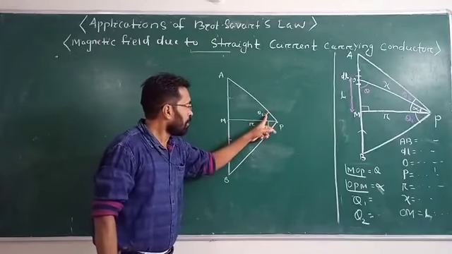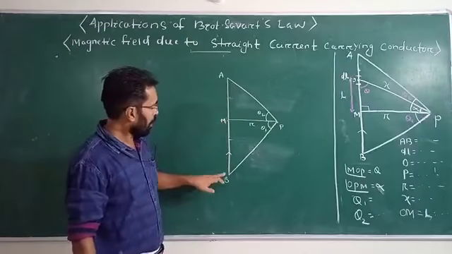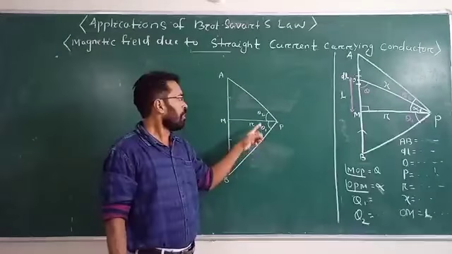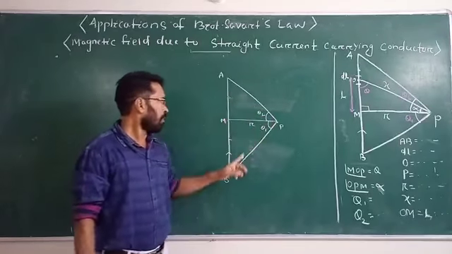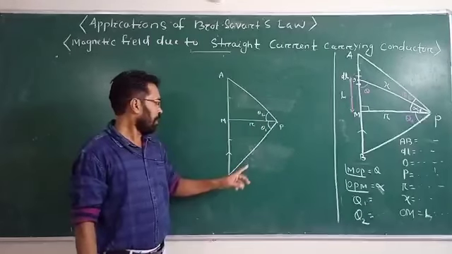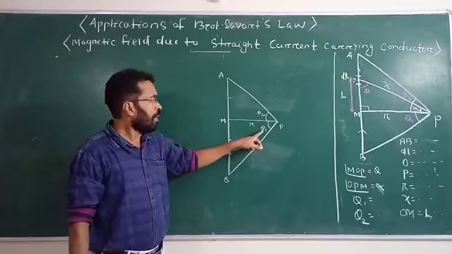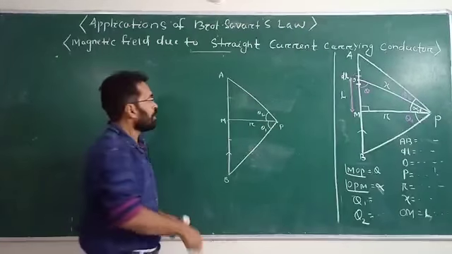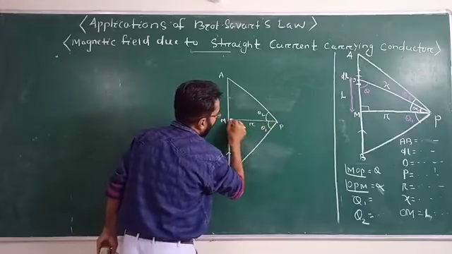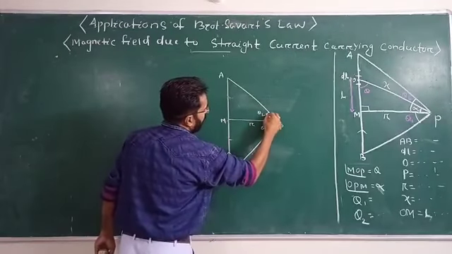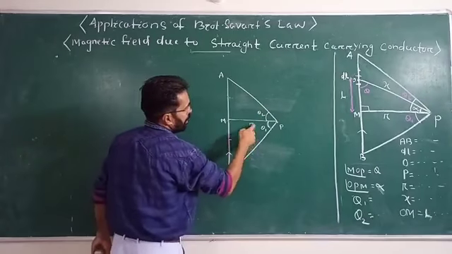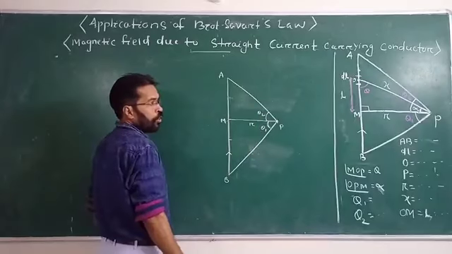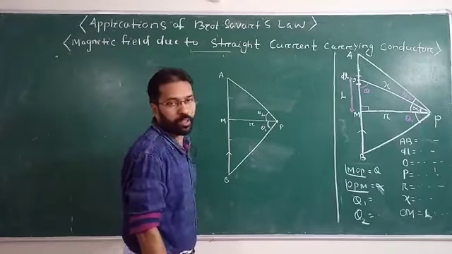It is angle of elevation theta 2 from point A and point B. With the help of these three terms, R, theta 1 and theta 2, we can easily define point P. Otherwise, it is incorrect. Okay, students?